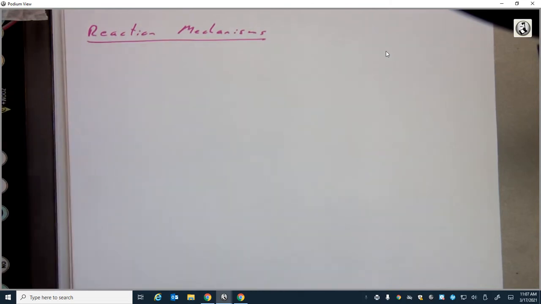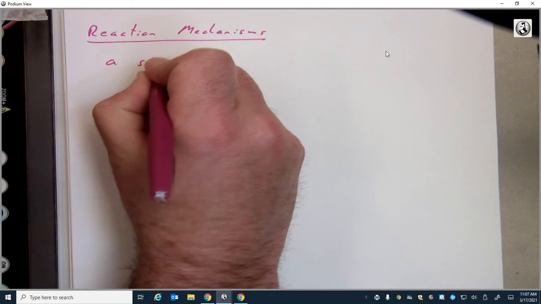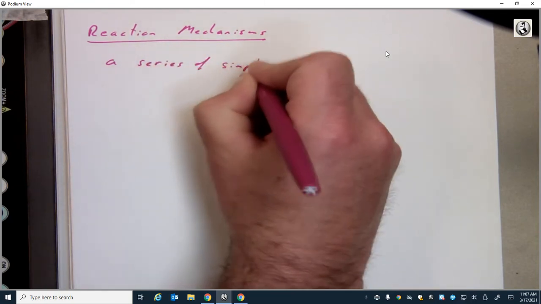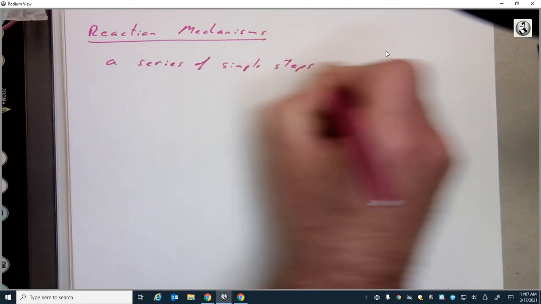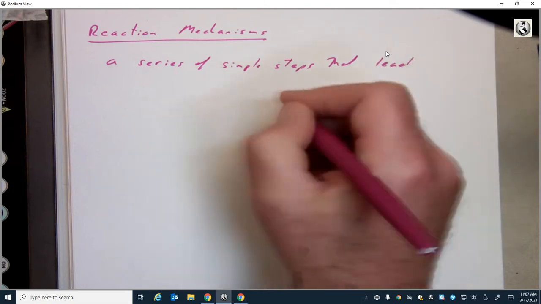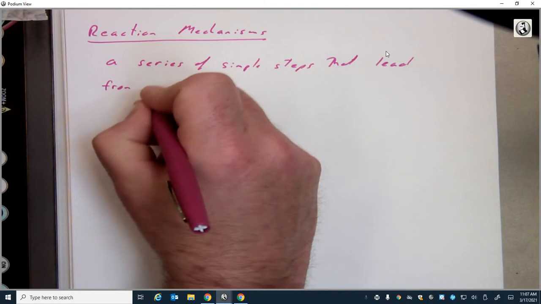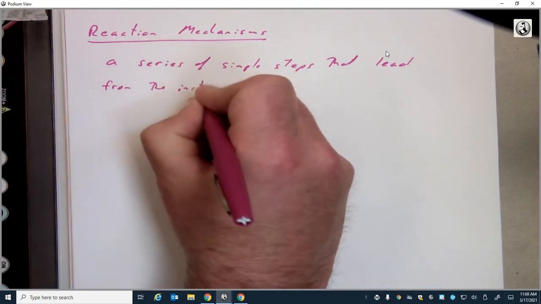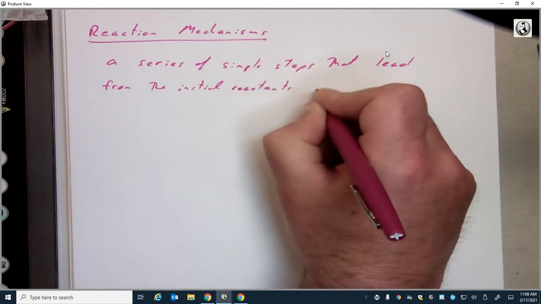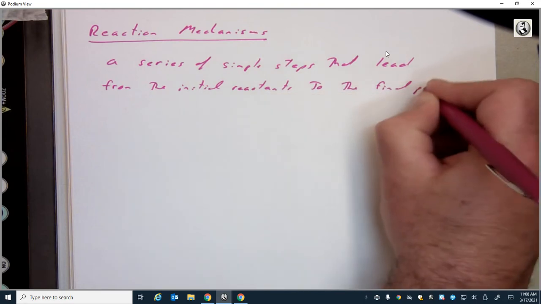All right, so our reaction mechanism is just a series of simple steps that lead from the initial reactants to the final products.